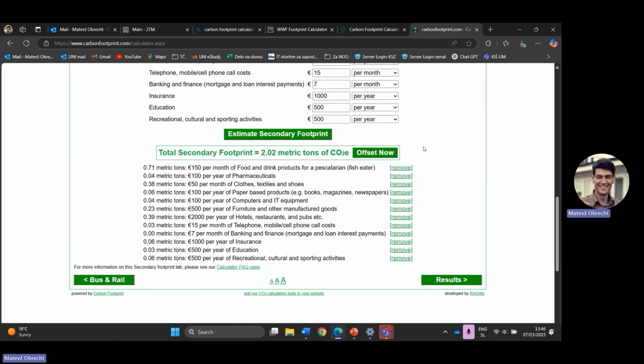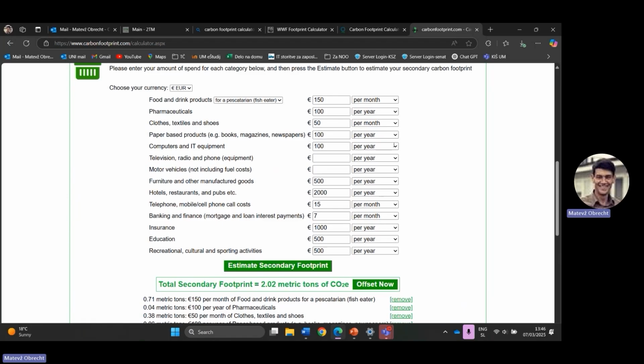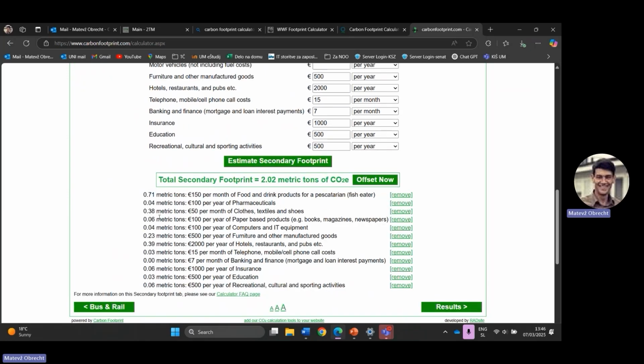You can check and add for different diets the same amount of money, and you can see what's the difference in the calculation. So we can see that I don't spend much for clothes, for example, 3 times less than for food, and the impact is just half of the one from the food. Hotels, also quite a big impact, and something from the furniture.